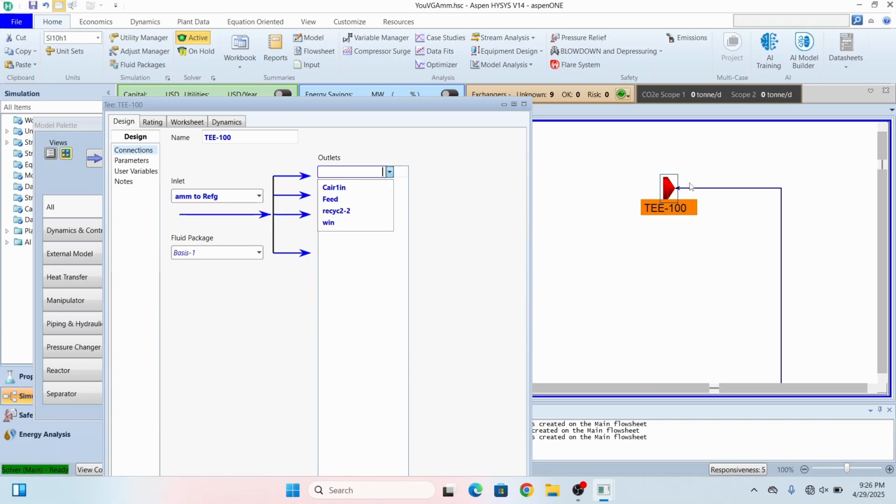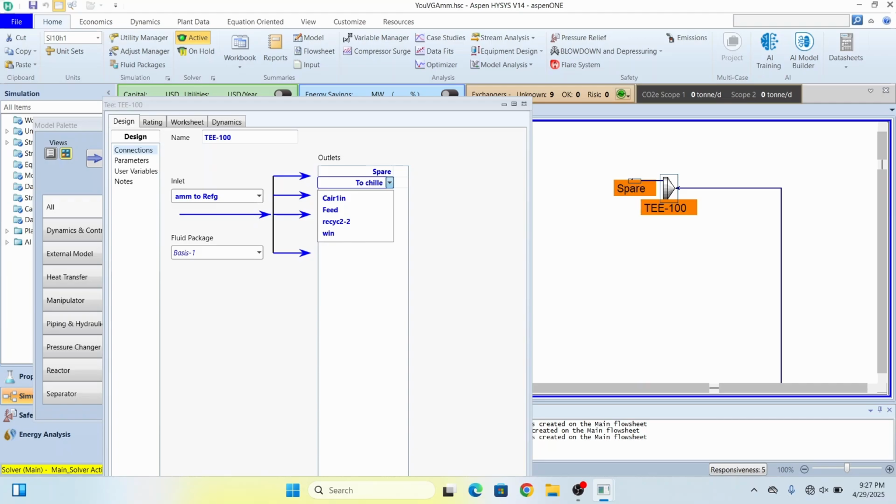Why have I used a T or a splitter here? Because if you do not want some of your ammonia to go to the refrigeration cycle, you can separate some ammonia over here. You can write spare, and the rest of the ammonia will be going to our chillers.